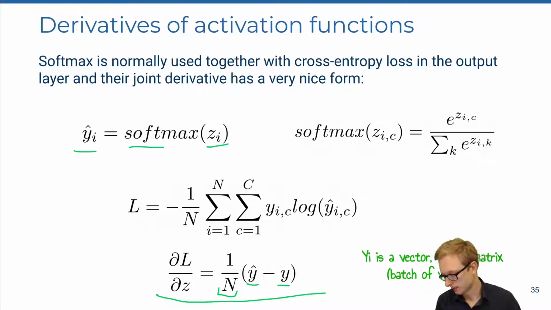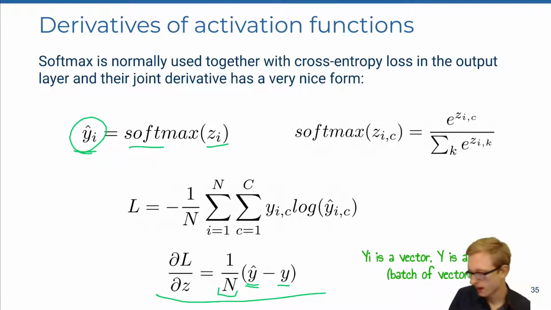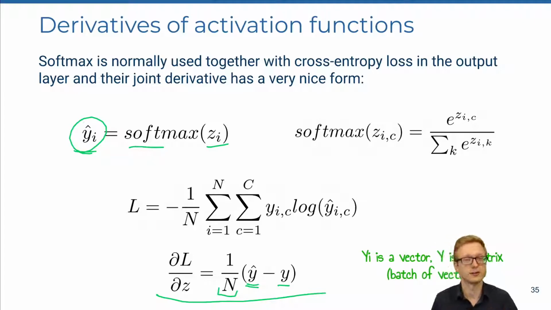And just to clarify, the y here is a vector because softmax gives a vector as output, which means Y itself, both of these Ys actually, are matrices. So they are batches of vectors. The Y hat here contains the predictions.